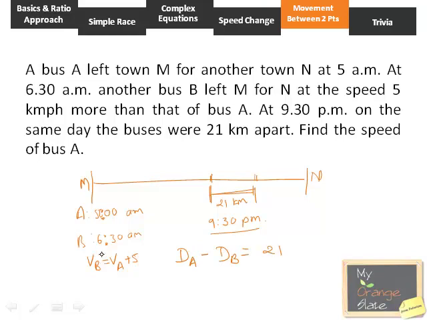Or is it 21? Because what is given here is the buses were 21 kilometers apart. The question does not say which bus was leading over the other or which bus was trailing the other. And hence we must take this as plus or minus 21.